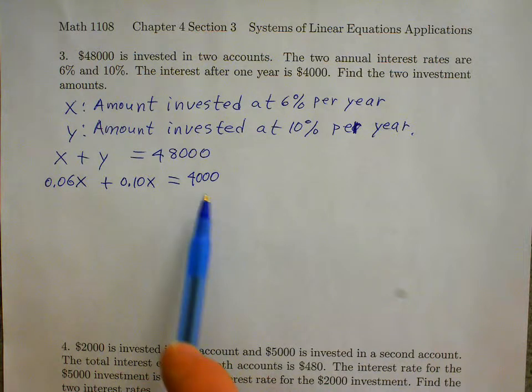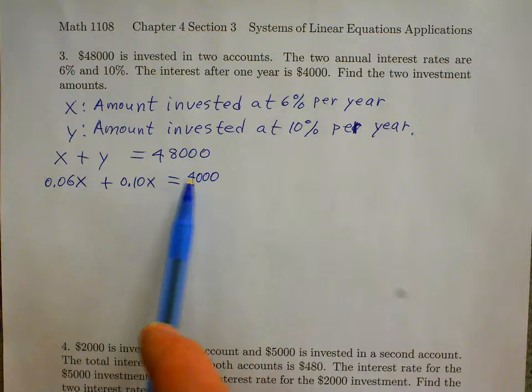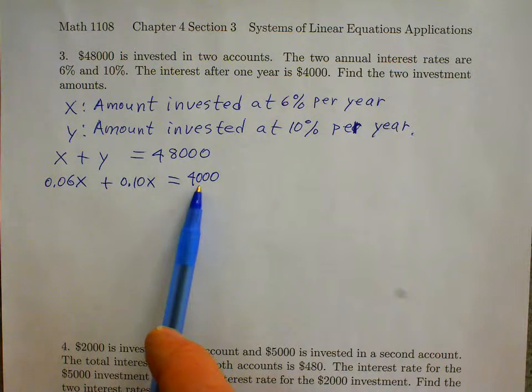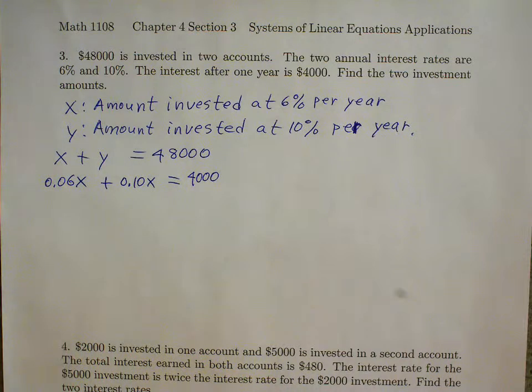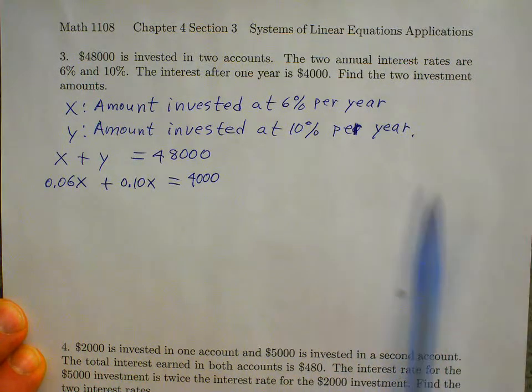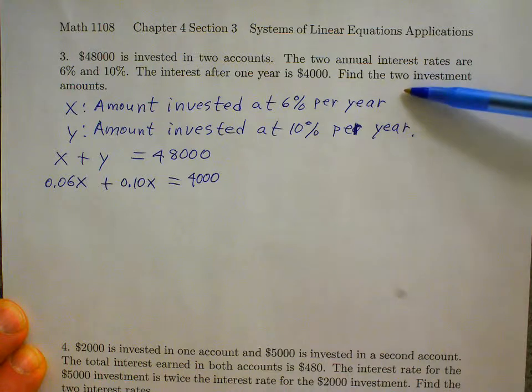So 4,000 goes into 48,000 how many times? 12 times, but that doesn't mean that the interest rate is 12%. Let's think about that for a second.